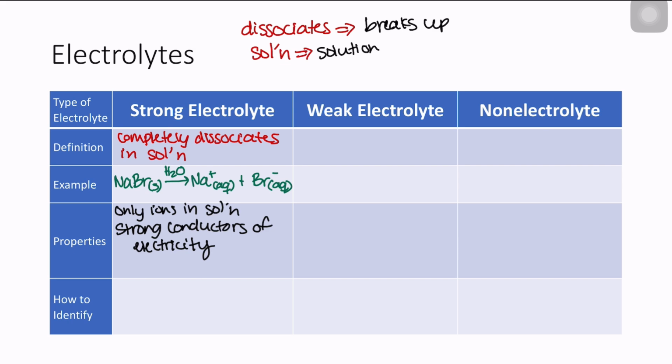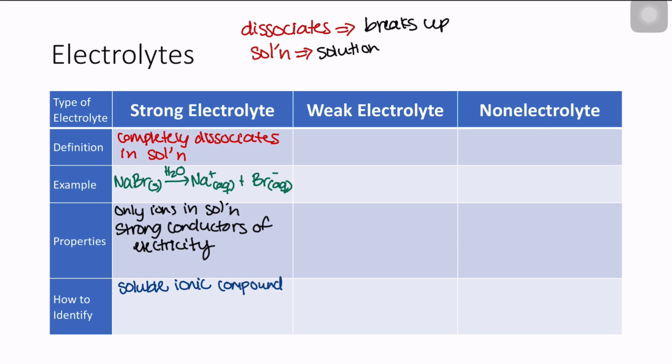If you only have ions present in solution, then it is going to conduct electricity and it's going to do so very strongly. So, how can we identify if something is a strong electrolyte? Well, it has to be an ionic compound and it has to be soluble in water. So, it is a soluble ionic compound.